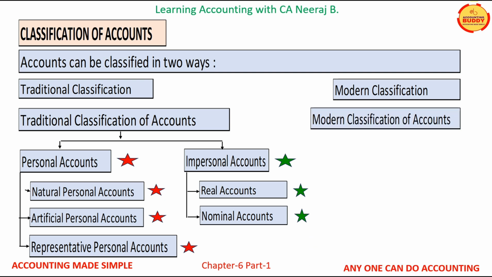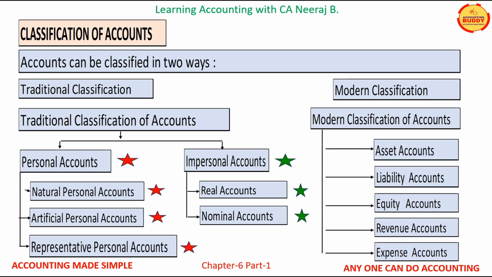Under the modern classification, accounts are categorized into five types: asset accounts, liability accounts, equity accounts, revenue accounts, and expense accounts. At this stage, please remember this classification under traditional and modern classification of accounts. We will discuss in detail the rules of debit and credit for each class of account in subsequent slides.